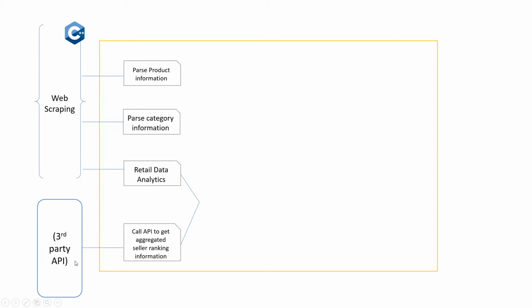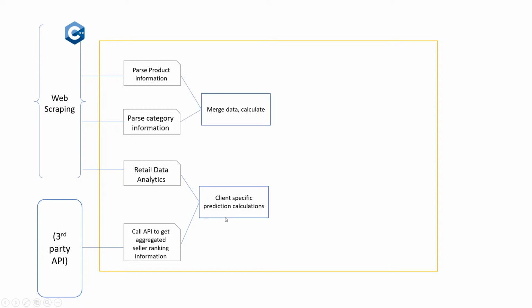A third party API was also called to get the information about each of these seller rankings, and also about the website rankings. So they got two pieces of information from two different third party providers.